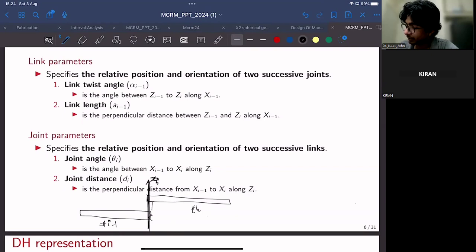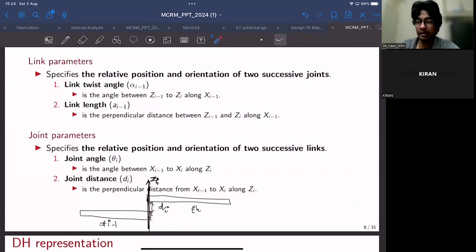If there is a finite distance between these two links, I'll call this offset d_i, which is measured along z_i. To accommodate this distance, we will take care of this offset using the fourth parameter called joint distance. It is basically the perpendicular distance from x_{i-1} to x_i along z_i.